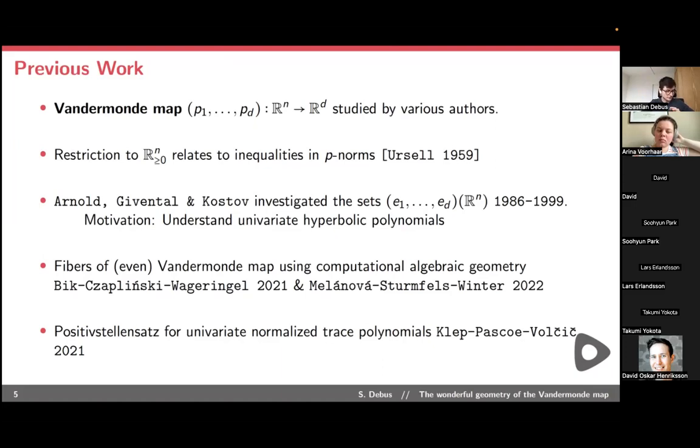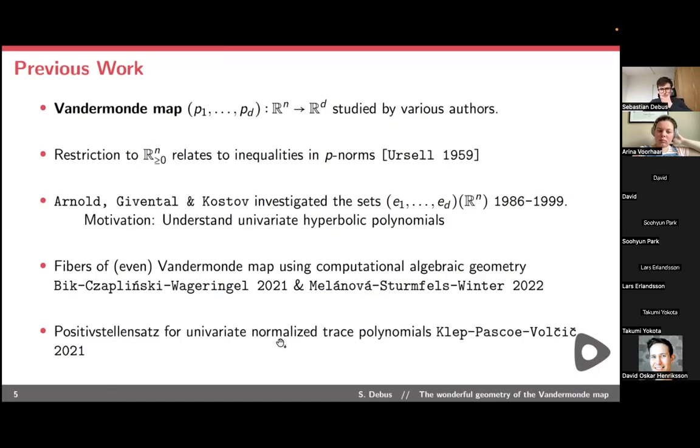If you are given a polynomial expression which is non-negative, then how do you verify that it's non-negative? And you can verify it, for instance, if you can write it as a sum of squares of some elements. And of course, there also can exist Positivstellensätze if a polynomial is strictly positive and not only non-negative.